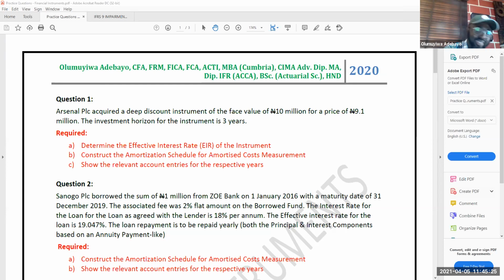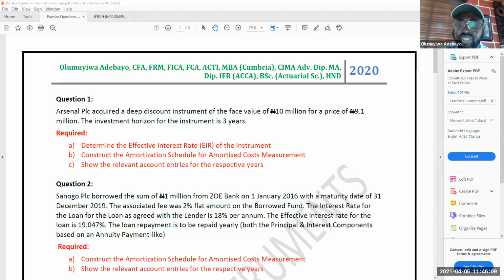Now, the first thing we need to identify here is that with respect to Arsenal PLC, is he a party to a financial asset or a party to a financial liability? Can somebody answer? The party to financial assets. Is a party to a financial what? Asset. That's nice.